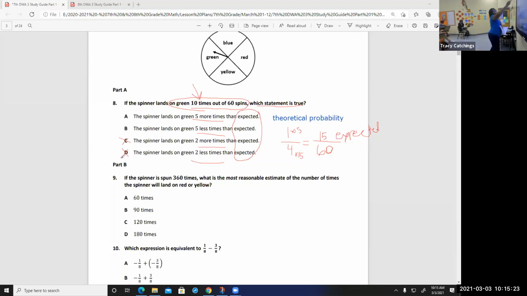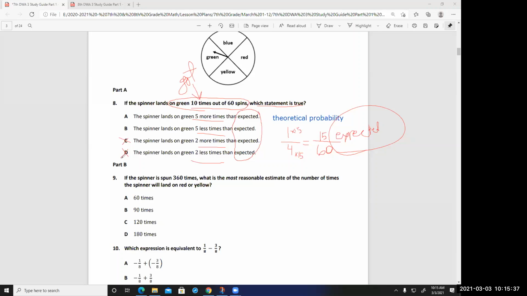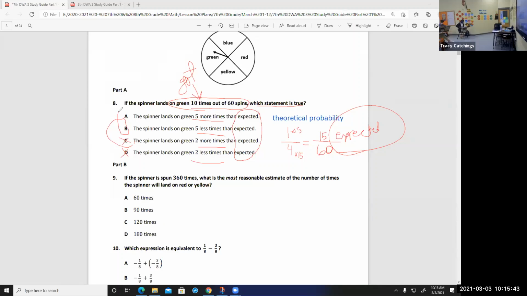Now this is what we got, and this is what's expected. So you're saying 10 is 5 more than 15? So instead of 5 more than expected, we need 5 less. B would be the correct answer, 5 less.